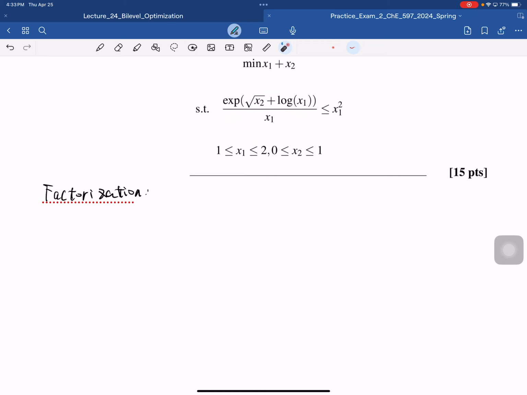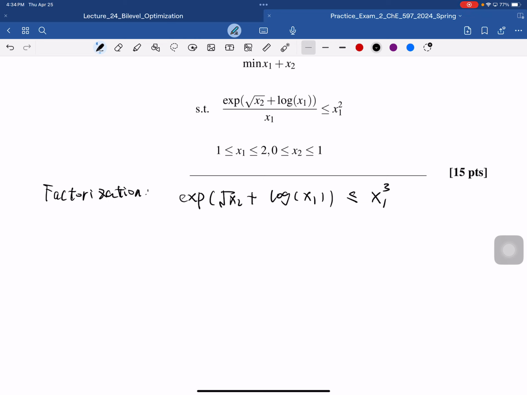We don't want to deal with that, so you can multiply x1 to the right-hand side, since x1 is strictly greater than 0, it's between 1 and 2. So you can just rewrite this as exponential of square root of x2 plus log of x1, that's 1 raised to the power of third.